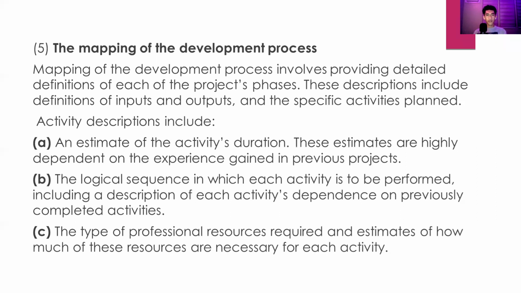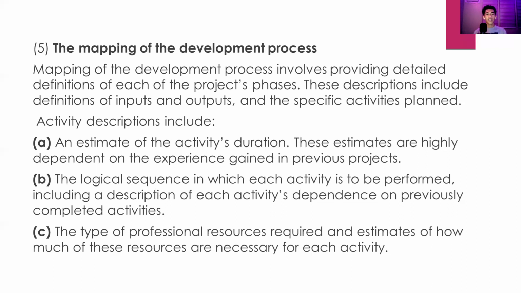Mapping of the development process involves providing a detailed definition of each of the project's phases. These descriptions include definitions of inputs and outputs in the specific activities plan. Activity descriptions include: A, an estimate of the activity's duration. These estimates are highly dependent on the experience gained in previous projects.